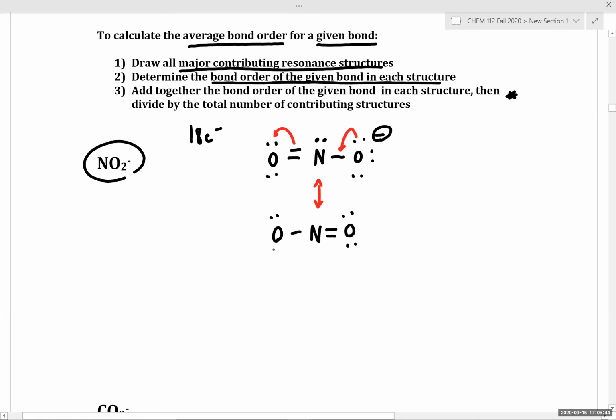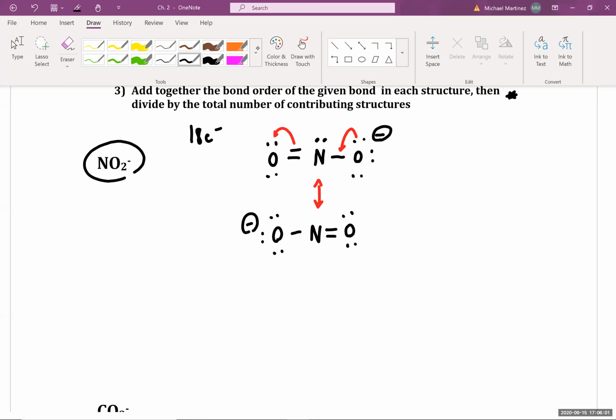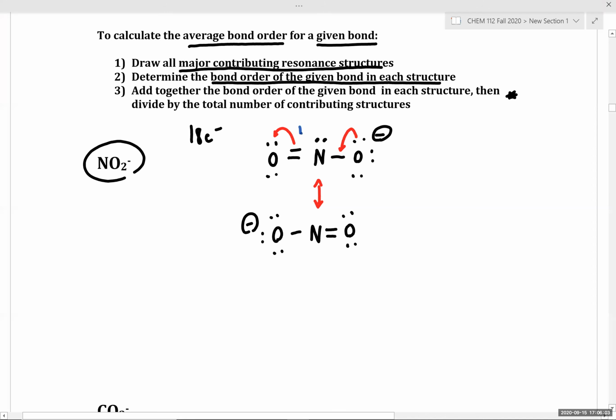And that in turn gives us the following resonance structure. So these are our two major resonance structures. Now we have to look at the average bond order for each of these two structures. I'm going to label them bond 1 and bond 2.